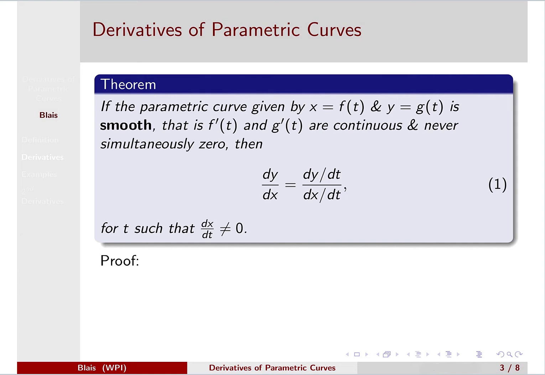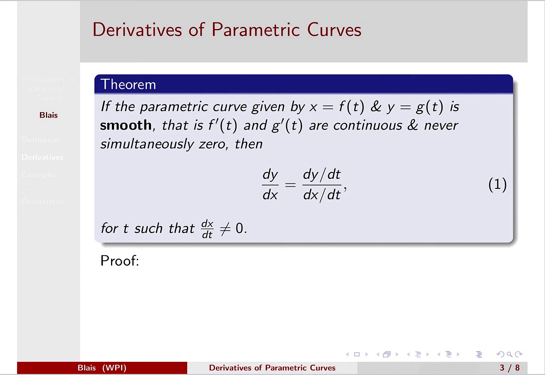So we have dy/dx, which is our derivative of y with respect to x, the derivative that we're used to working with from our studies of differential calculus up to this point, can be written as dy/dt divided by dx/dt for any t such that dx/dt is non-zero, so we don't have division by 0. And the way that we derive this is quick.